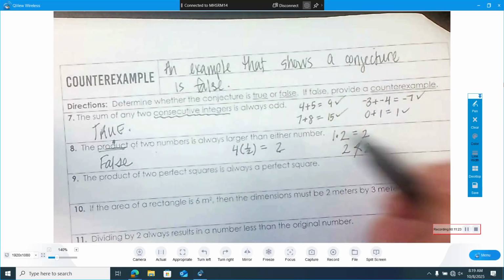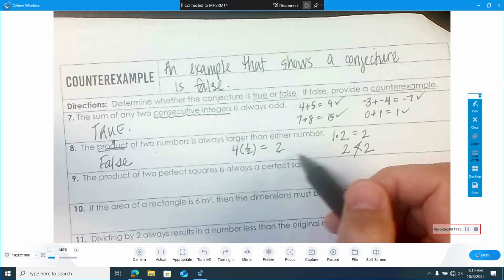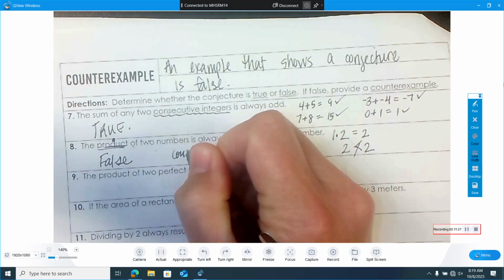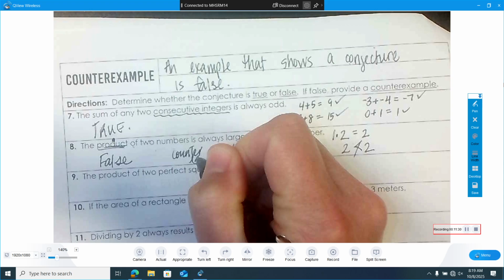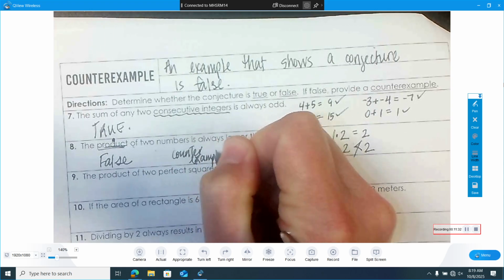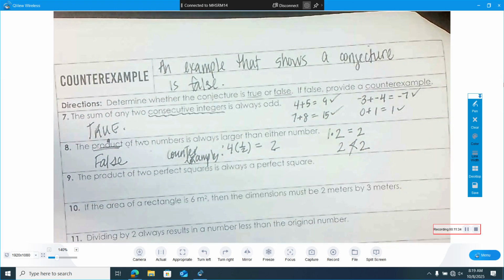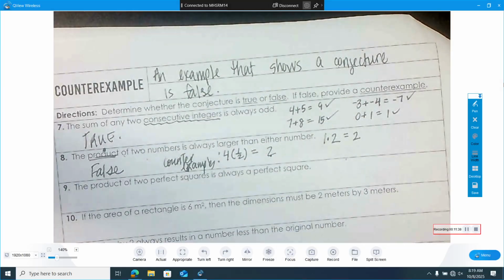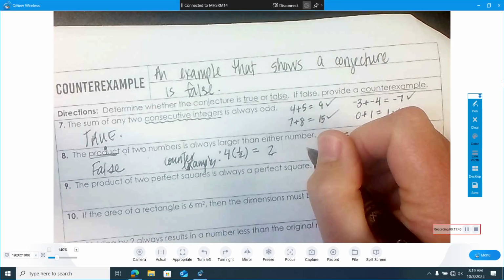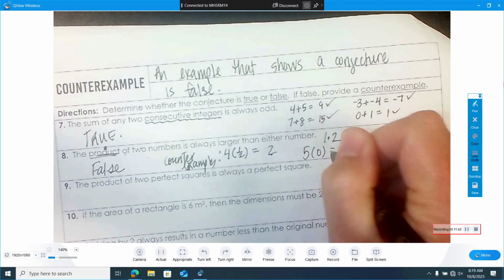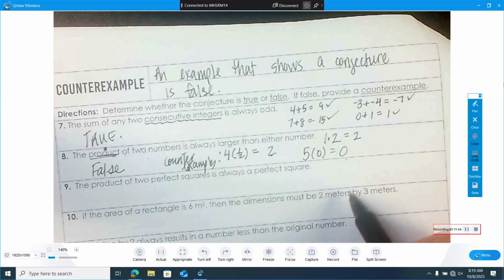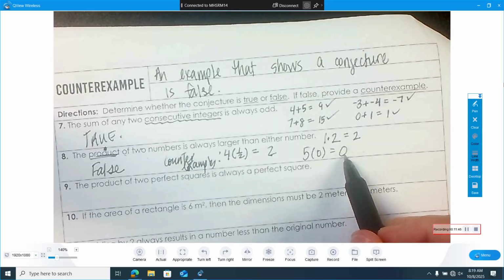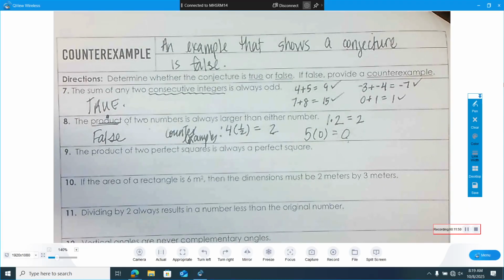So here, these are examples of counterexamples. Both of these are great counterexamples. You can do 0, like 5 times 0, which is 0. Well, 0 is clearly not larger than both of those numbers.